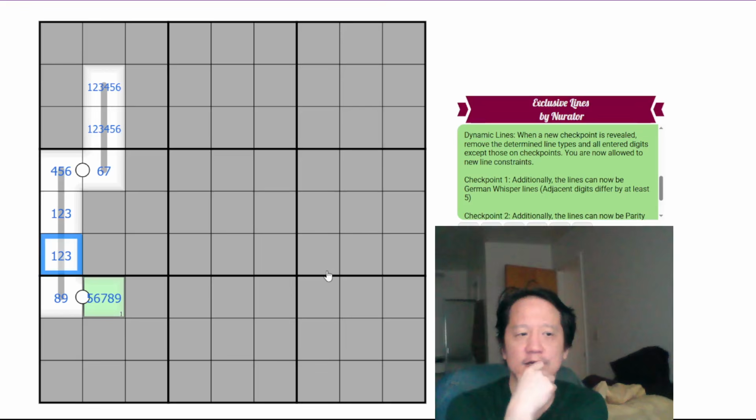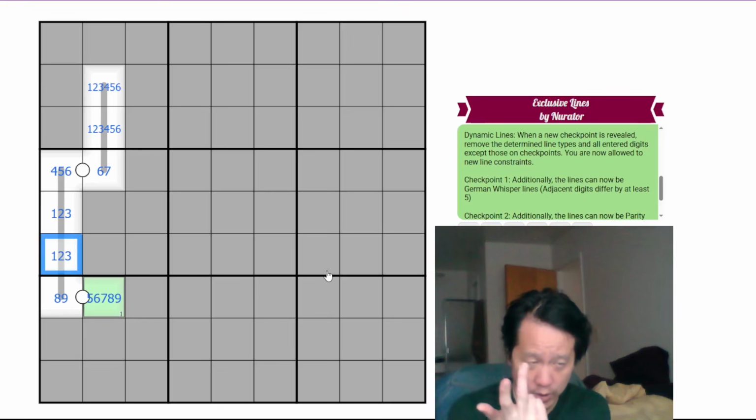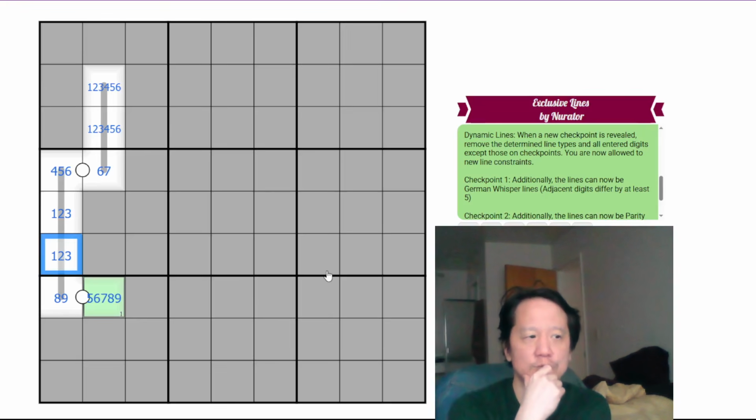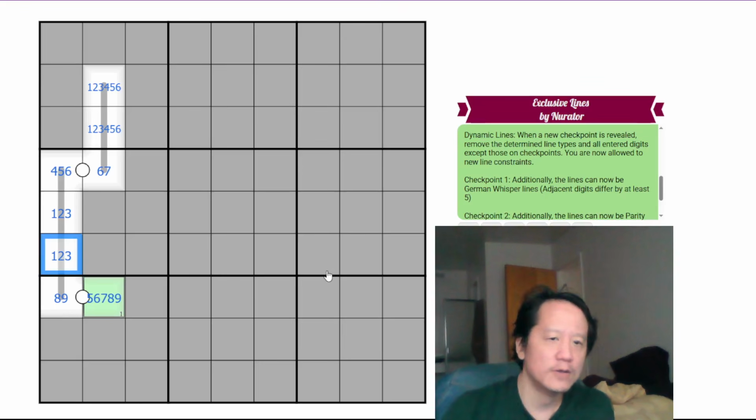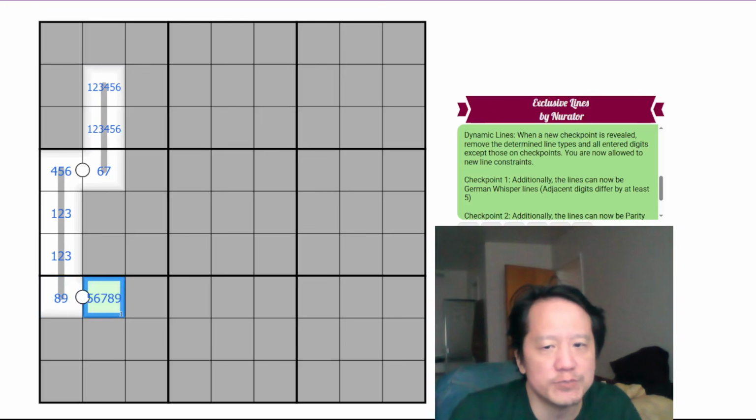To add up to 8, it's either 1, 2, 5 or 1, 3, 5, which also require 2 digits from 1 through 3. And to add up to 9, it's 1, 2, 6, 1, 3, 5, or 2, 3, 4, which have 2 digits from 1 through 3. So one of these digits must be 1 through 3 here. So this is 8 or 9, which means this cannot be 8 or 9.